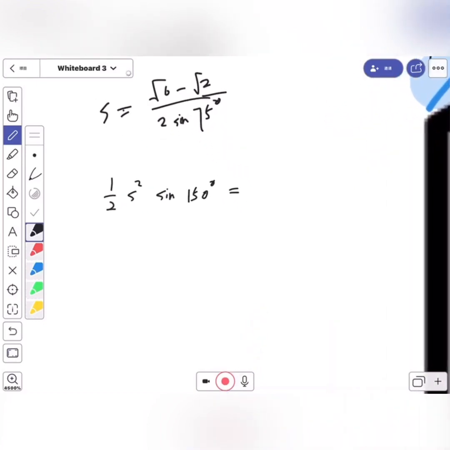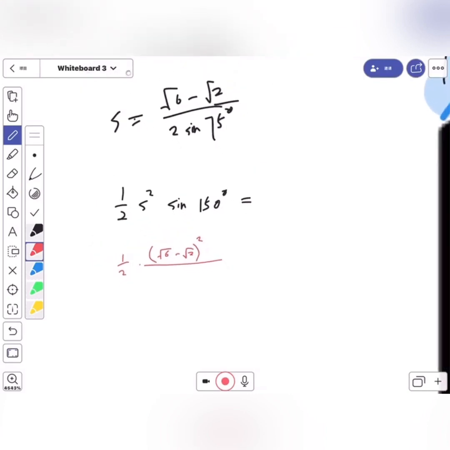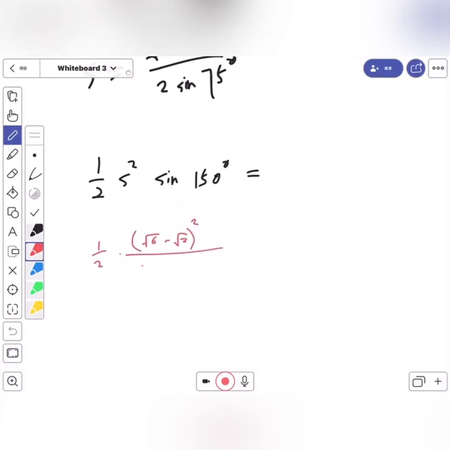So just leaving the side as it is might simplify some of our calculations. So it's going to be 1/2 times root 6 minus root 2 squared over 4 sine squared of 75 degrees.